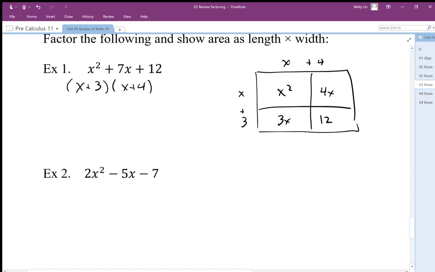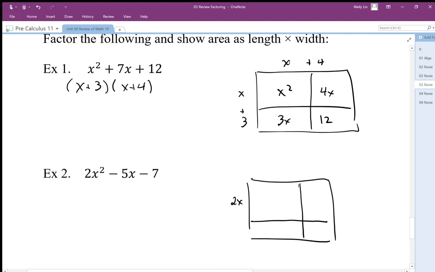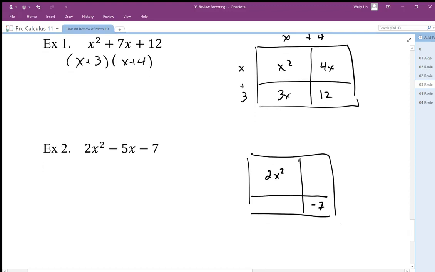Again, with these leading coefficients, you can guess and test this, but what would be useful is using that diagonal product. So 2x squared minus 7, this is going to be negative 14x squared, and I need to add to negative 5, or have a difference of 5, and multiply to 14.